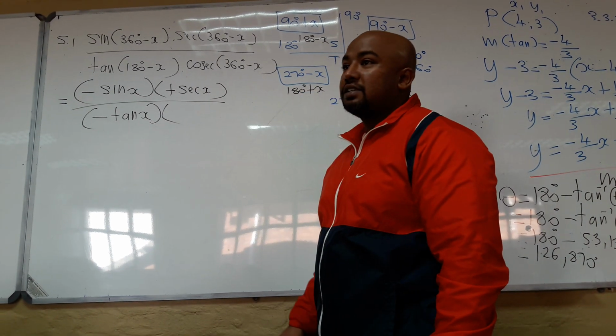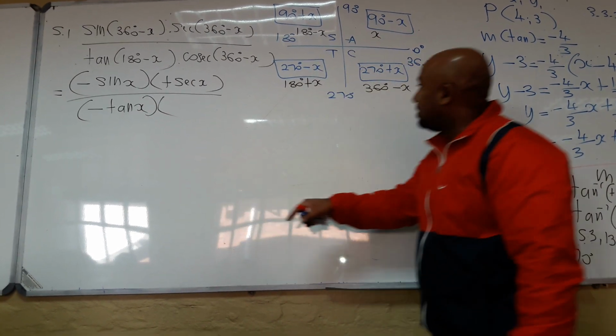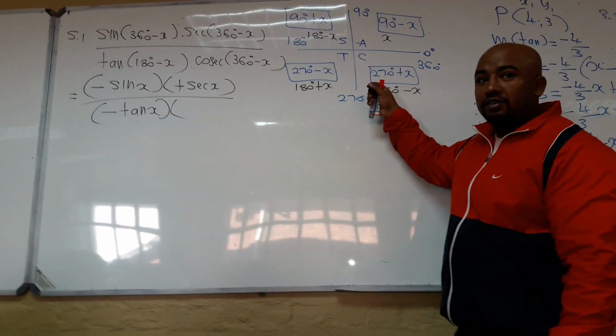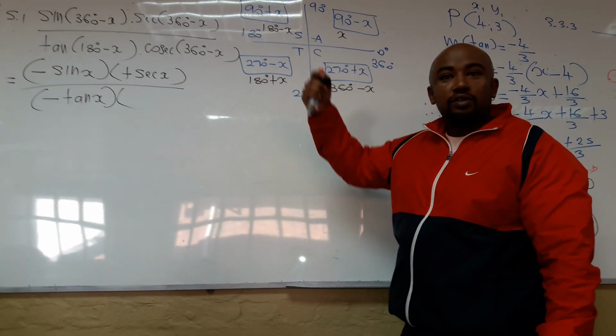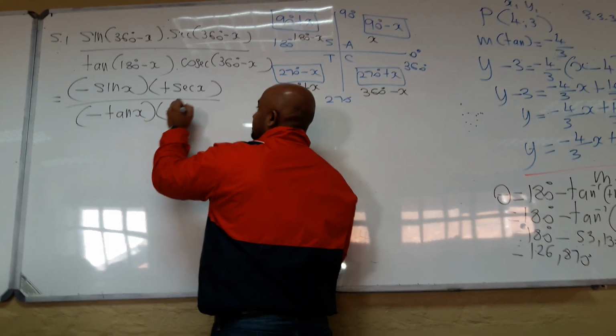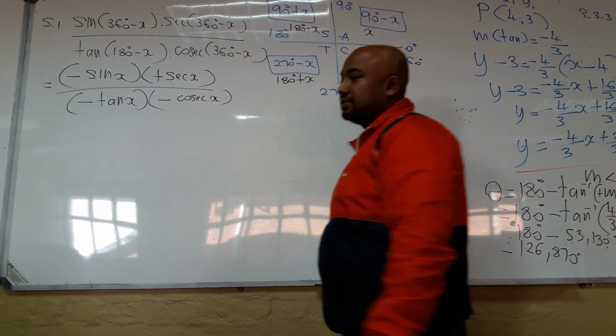Cosec of 360 degrees minus x. 360 degrees minus, which quadrant? Fourth quadrant. Only cos and 1 divided by cos, which is sec, are positive. What do you have? Cosec. So it will be negative here. So that will be minus cosec of x.